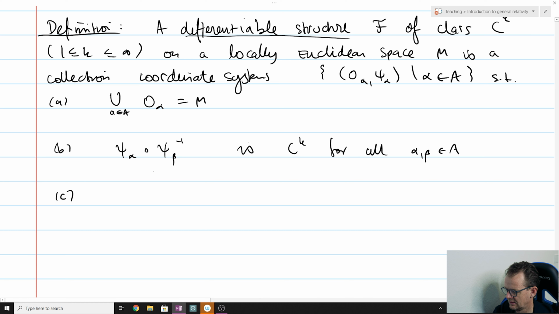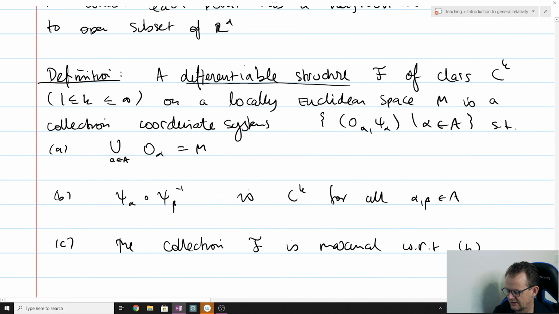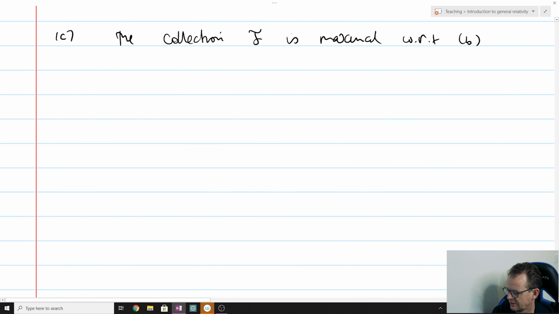And C, the collection F is maximal with respect to B. And this is the structure that captures parts 1 and 2 of our definition presented in the main lecture.